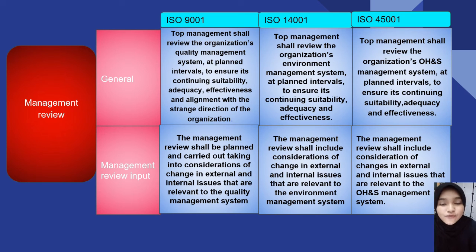For ISO 14001, top management shall review the organization's environmental management system at planned intervals to ensure its continuing suitability, adequacy, and effectiveness. For ISO 45001, top management shall review the organization's OH&S management system at planned intervals to ensure its continuing suitability, adequacy, and effectiveness.